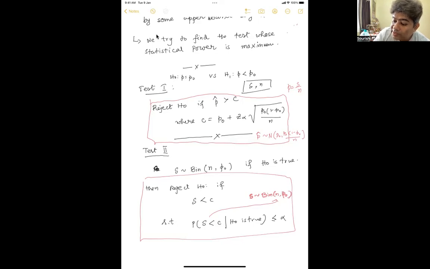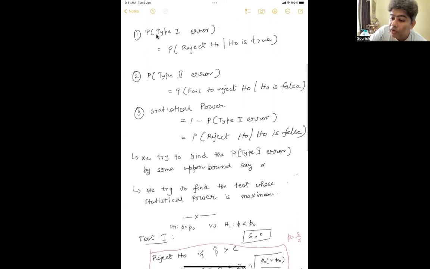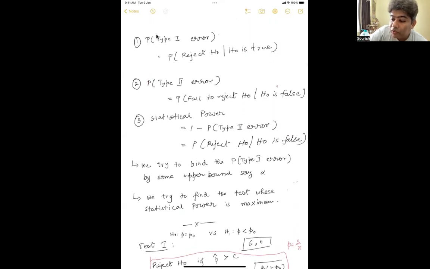Now, in both cases, you have fixed your type 1 error to be alpha or below alpha. Then this distributional assumption is going to have a role on either your type 2 error or statistical power.